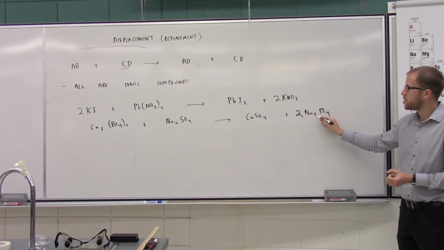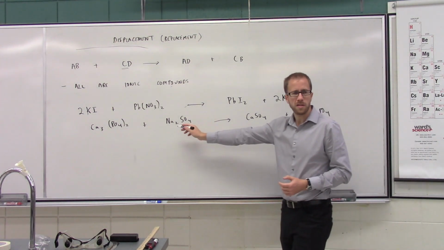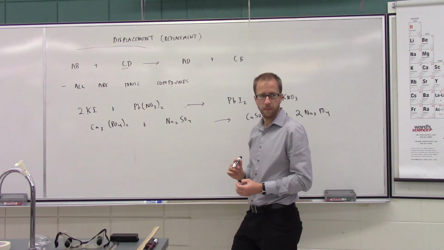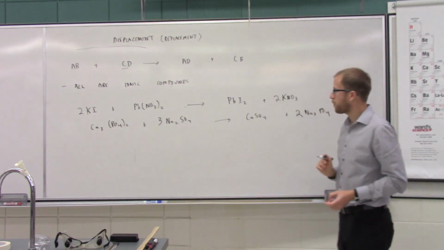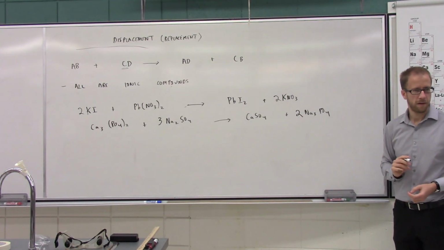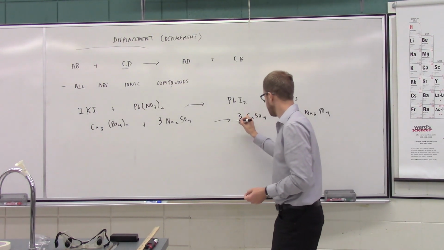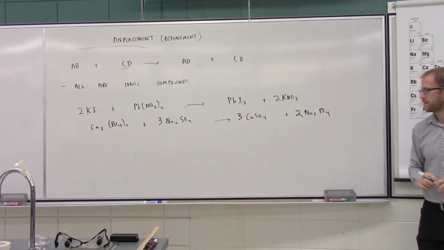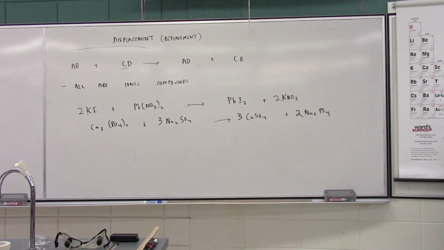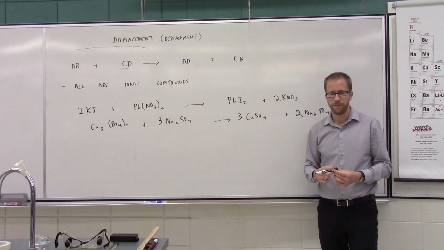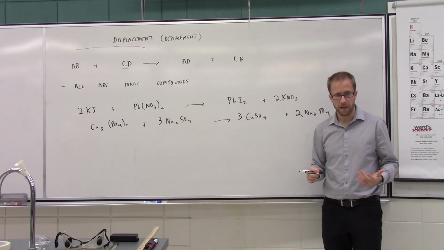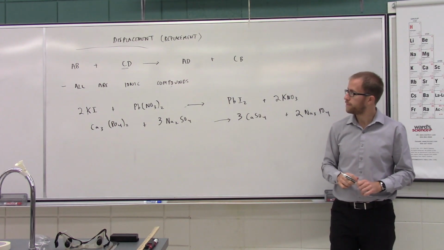Now I have 6 sodiums. How would I get 6 sodiums on this side? I could put a 3 here. Now I have 3 sulfates. How do I get 3 sulfates on this side? I could put a 3 here. Is everything balanced? How could I double check to make sure I did it right? You could count the atoms again. It is balanced.